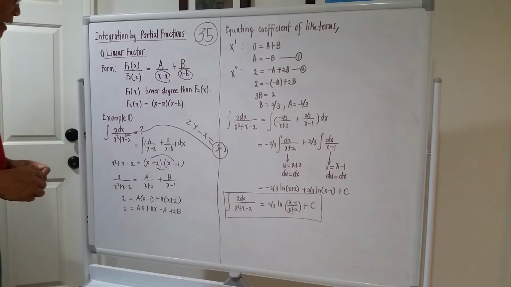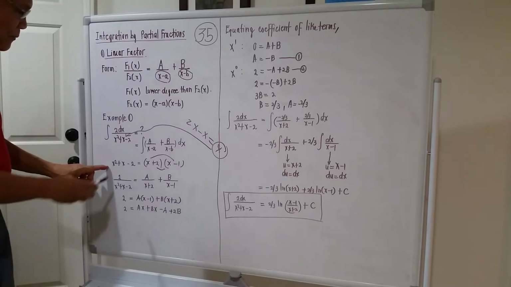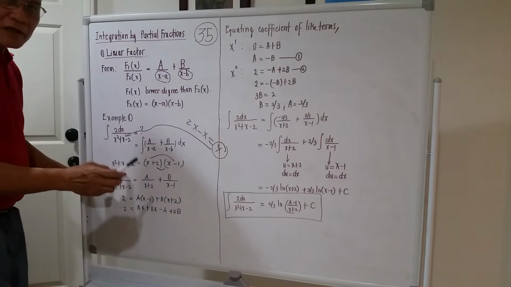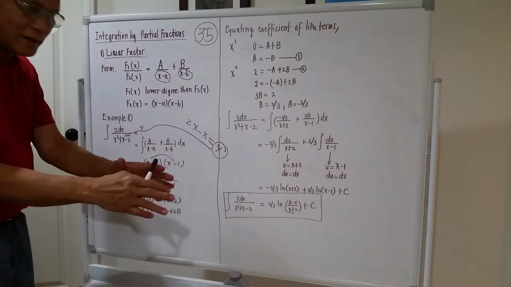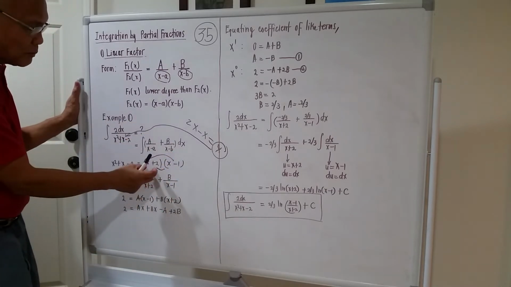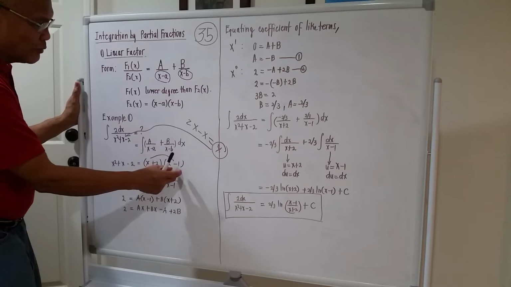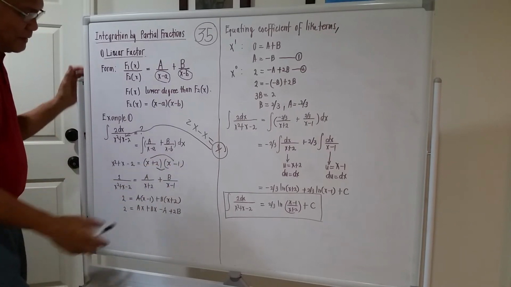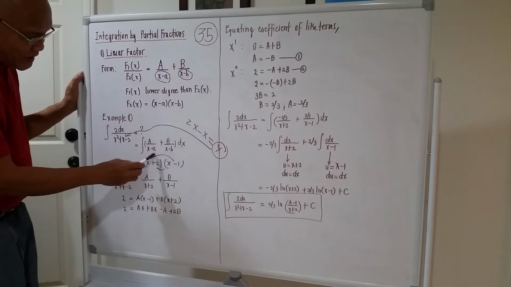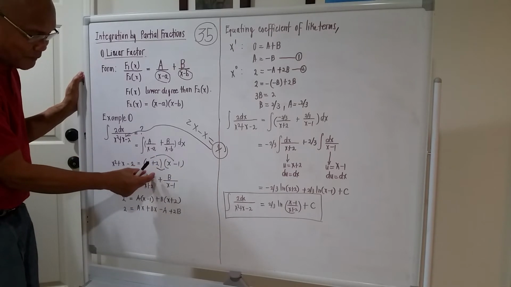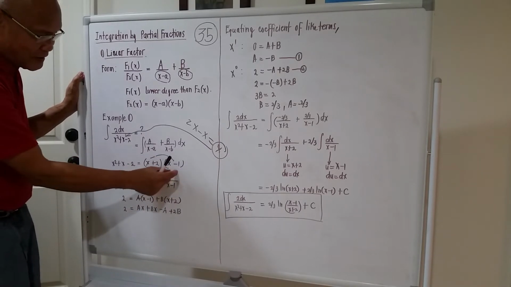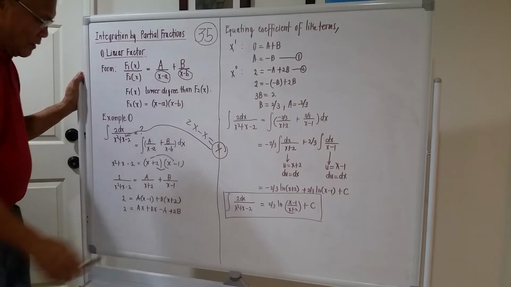So, actually, x squared plus x minus 2 can be factored into its linear equivalent, as the product of x plus 2 and x minus 1. So this x minus a and x minus b, we will just place it back: x plus 2, and this is x minus 1. Okay?